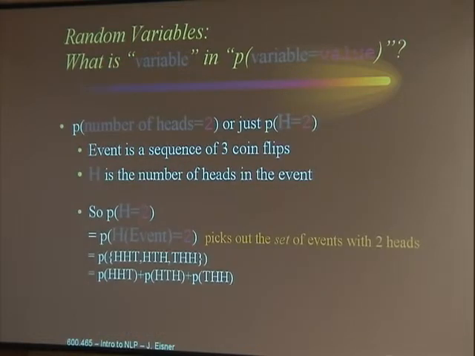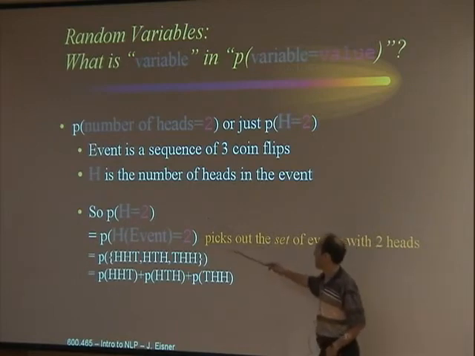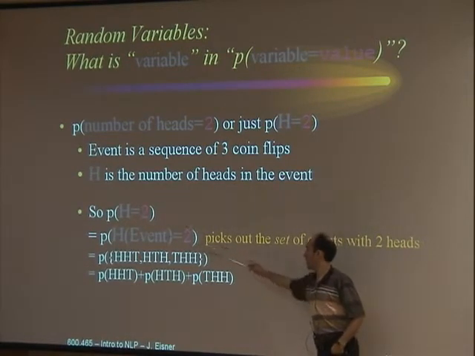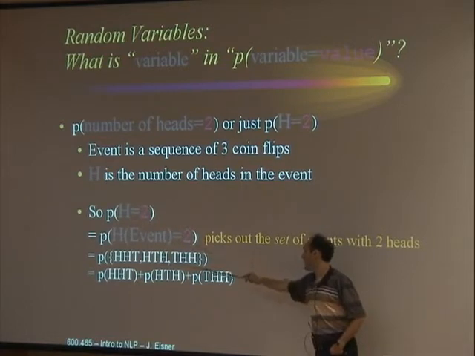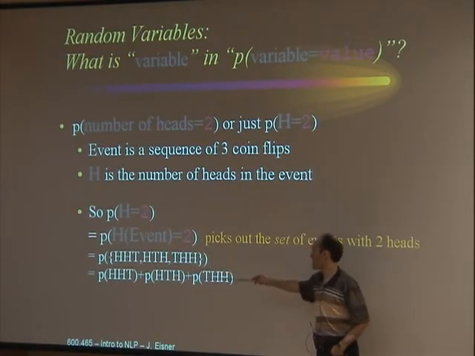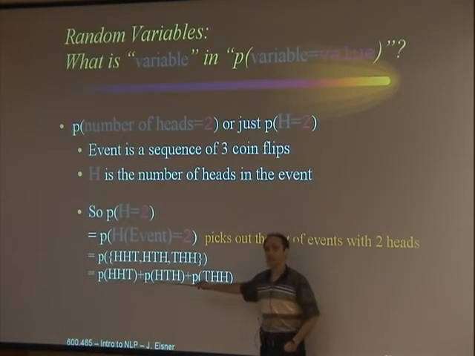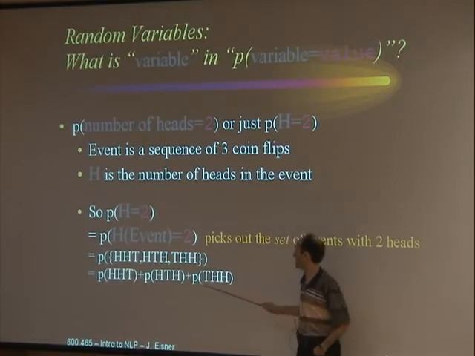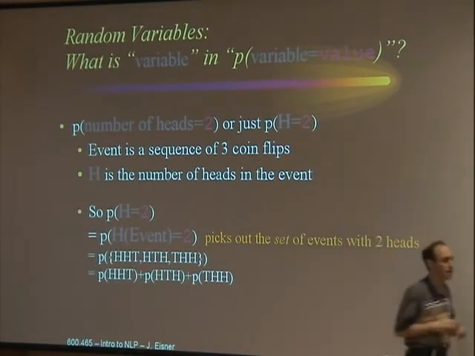OK, so just to do this for a couple of the examples we've looked at, when we ask the probability that the number of heads is 2, what we mean is the total probability of all events that have 2 heads. So that's the total probability of this set. Now we can divide this set up into 3 pieces, right? Because these are disjoint subsets. So the probability of heads, heads, tails, heads, tails, heads, and tails, heads, heads.